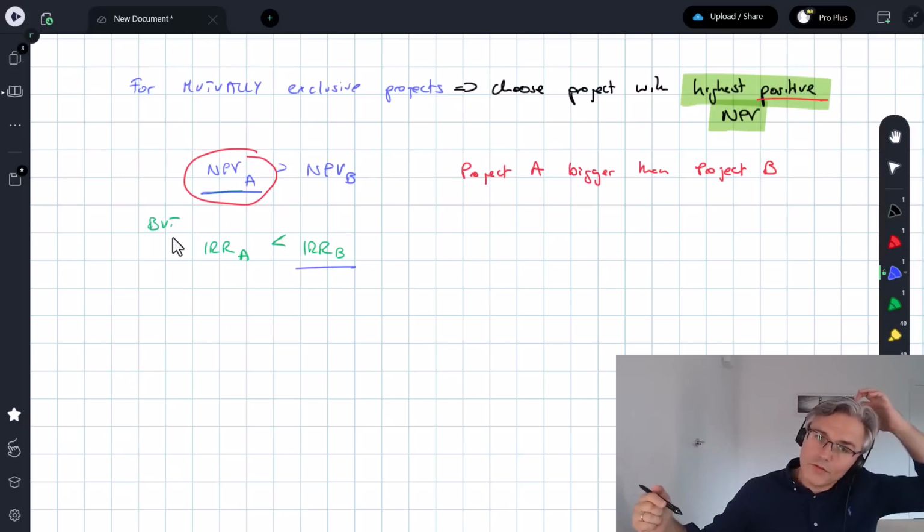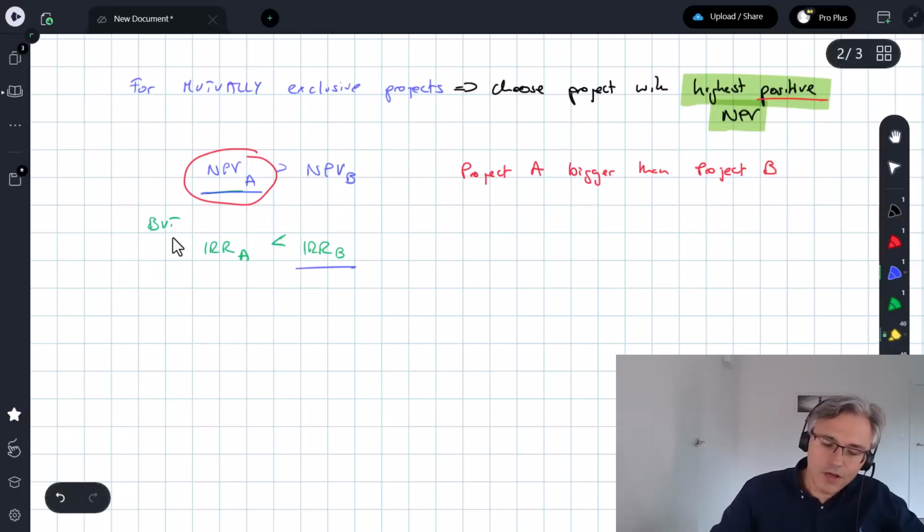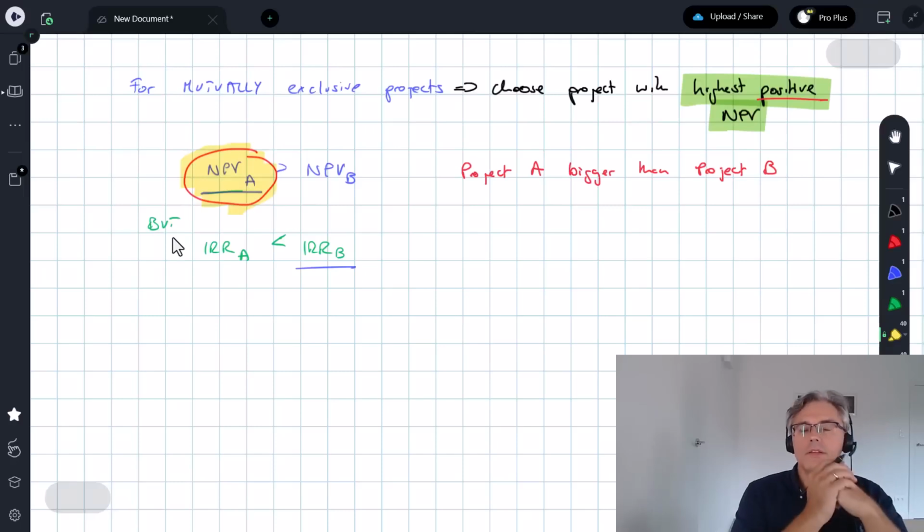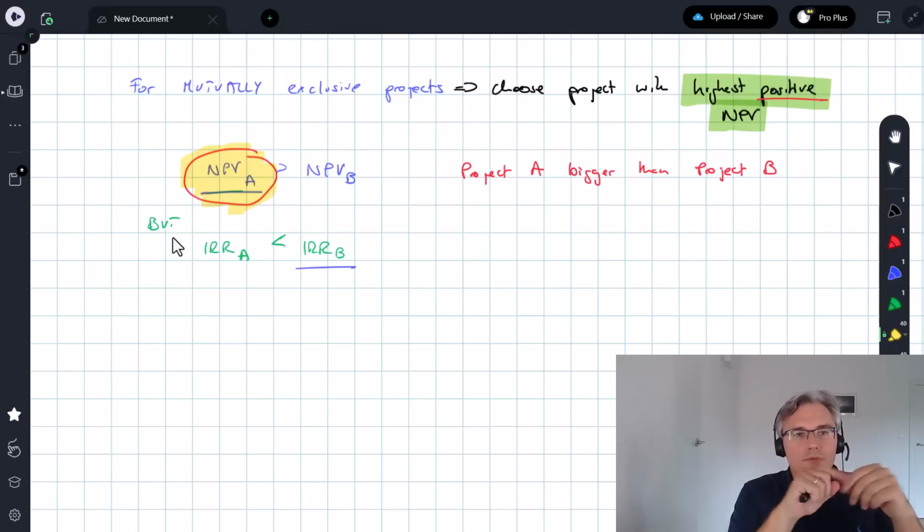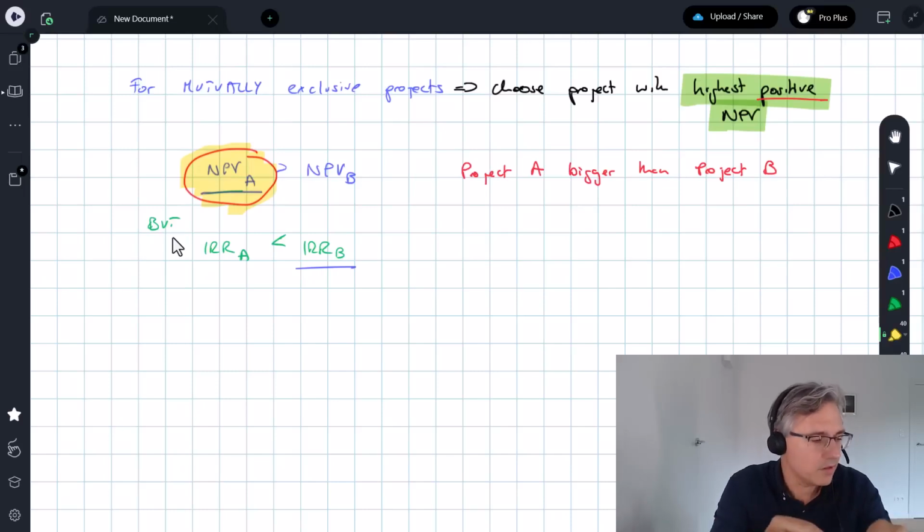And if they are mutually exclusive, then go with the one that can generate more value than the tiny project which is more profitable, because in the end, as an analyst or a corporate executive, you want to increase company value and shareholder wealth as much as possible.